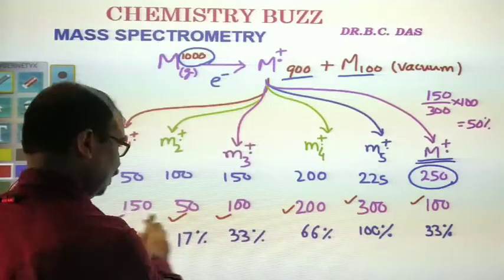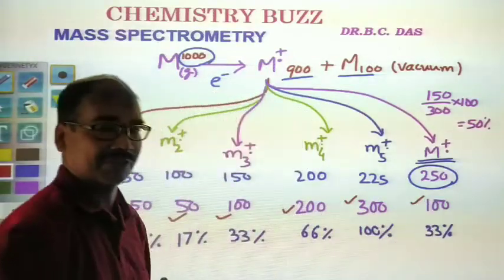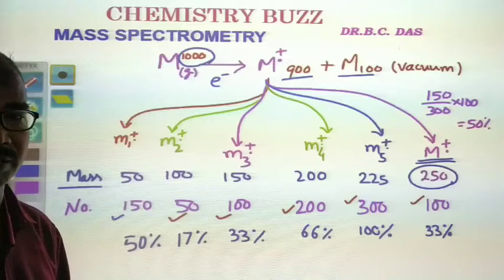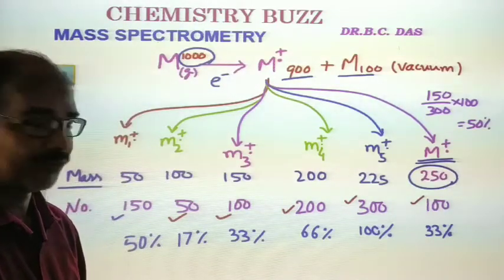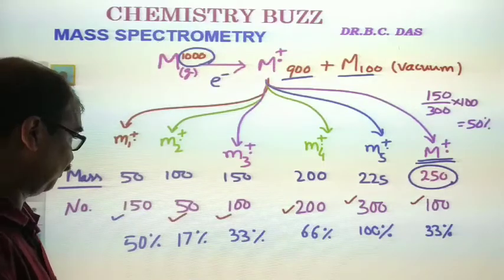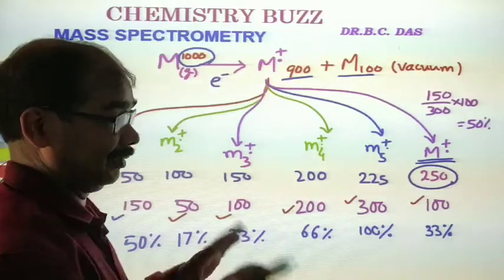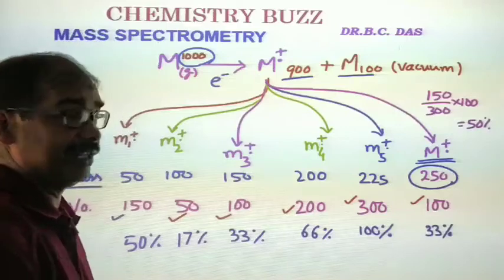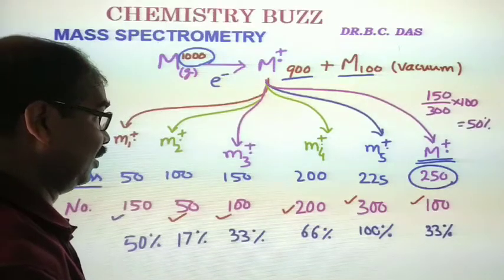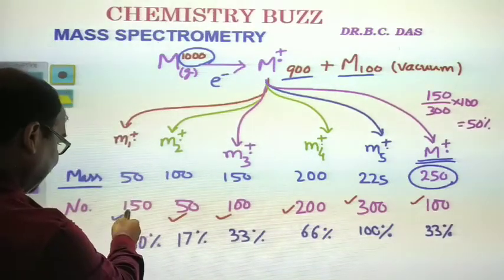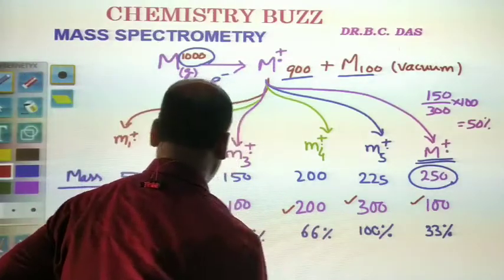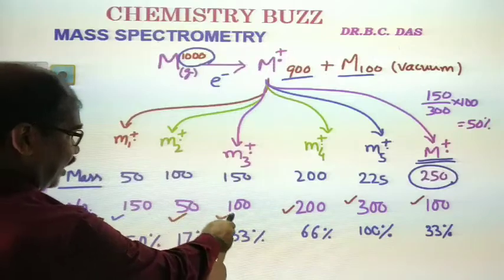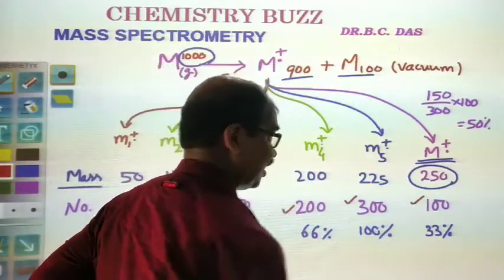So this is the number of ions, radical cations or cations, detected in the detector. So how is the mass spectra displayed? The basis is the number of cations detected: 150, 50, 100, 200, 300, 100.